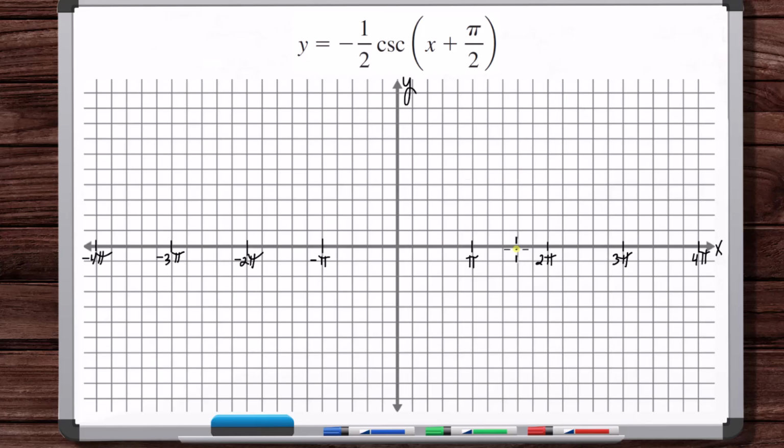Now, but it's going to be flipped though, so if you just flipped, it would be like we're going to have this instead. But it is going to be shifted though as well.